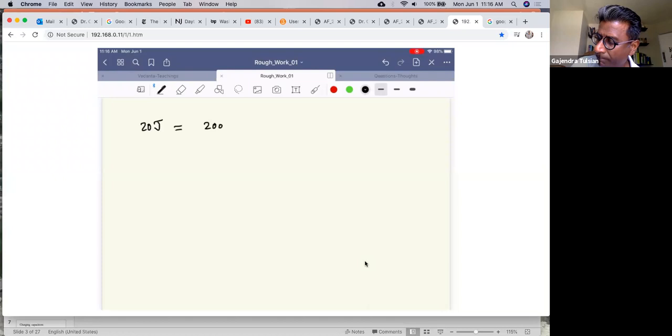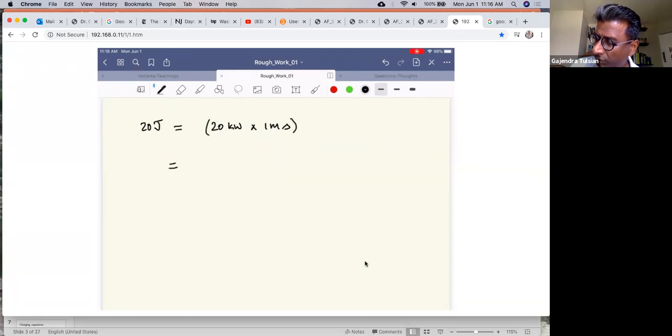200 joules per second. 20 kilowatt into 1 second.